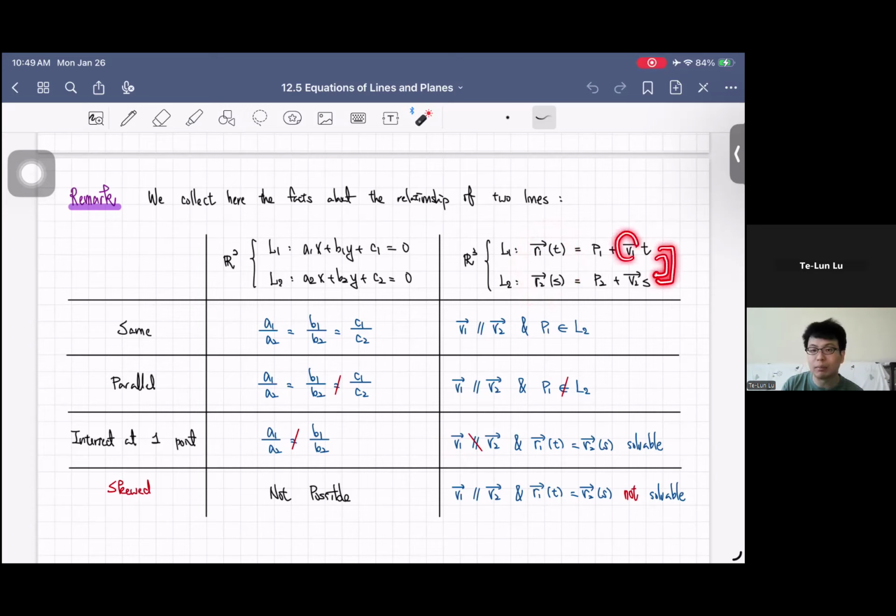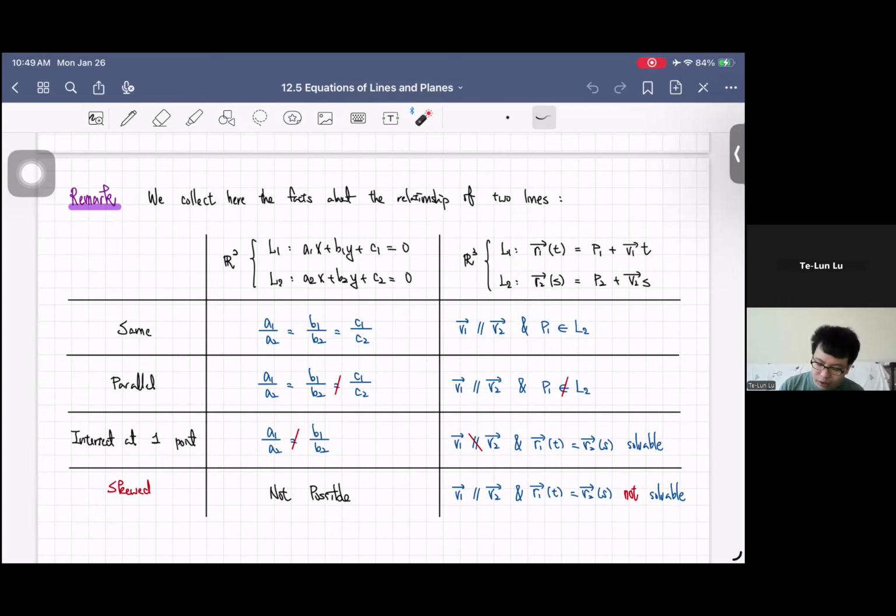Because V1 contains three components and V2 contains three components. So you will have three equations against two variables T and S. That makes things a little bit more complicated, in that the system might not be solvable. You have more constraints than your variables, so that makes the system unsolvable for some particular coefficients.